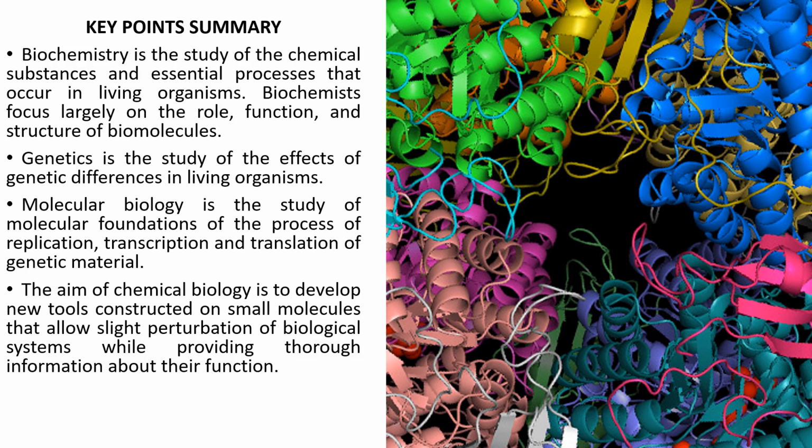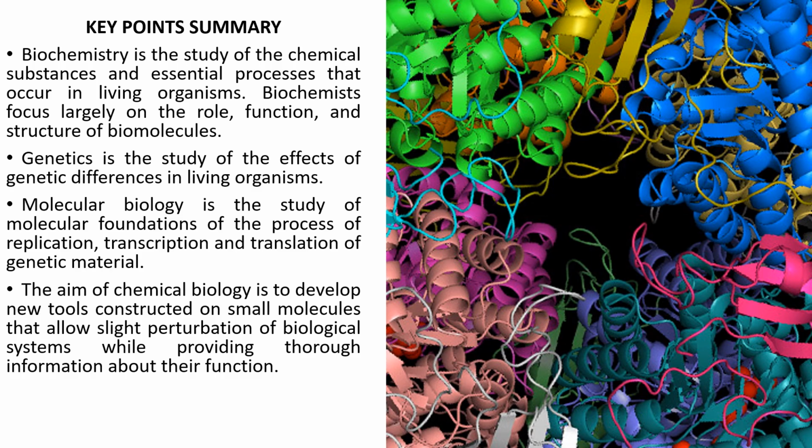So to summarize some key points of today's lecture, biochemistry is the study of the chemical substances and essential processes that occur in living organisms. Biochemists focus largely on the role, function, and structure of biomolecules. Genetics is the study of the effects of genetic differences in living organisms.